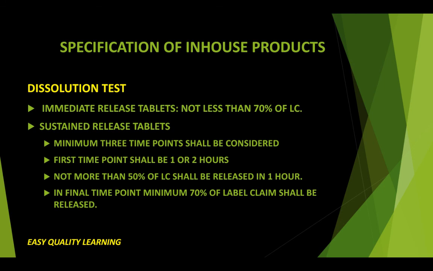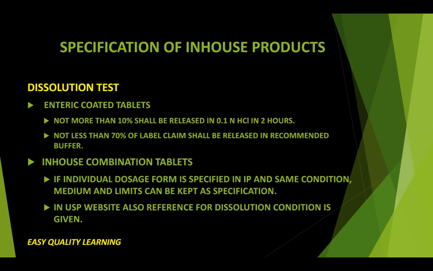The first time point limit should not be more than 50%. If more than 50% is released in 1 hour or 2 hours, then dose dumping can be a problem. In the final time point, the limit should not be less than 70%. So we need to have a release of at least 70% at the final time point we decide in sustained release tablets.